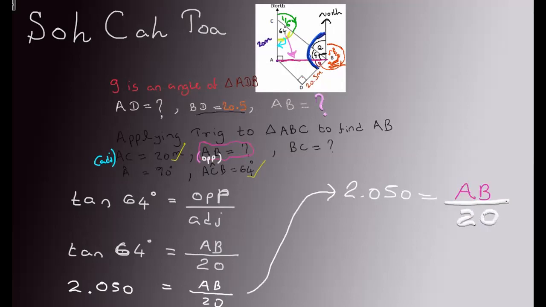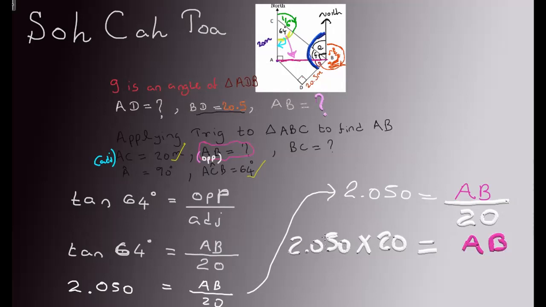All right. So how do we find AB's length? That's simple. Just a matter of solving this equation. So 2.050, the division by 20 goes to the other side. What would it become? Multiplication by 20 is equal to AB.